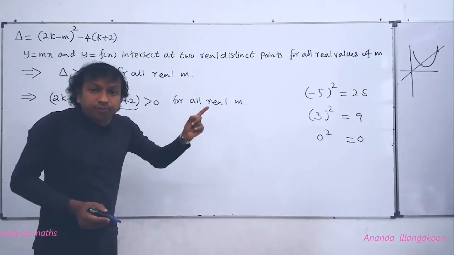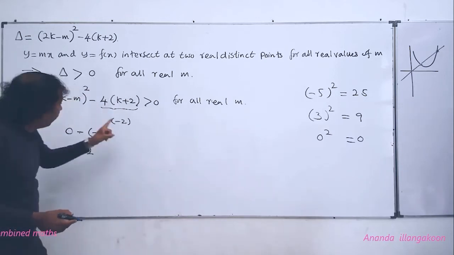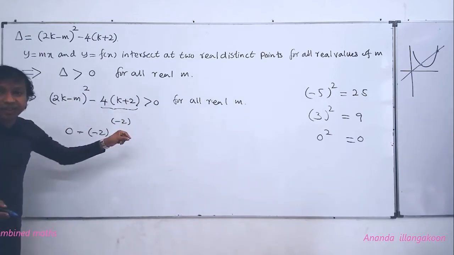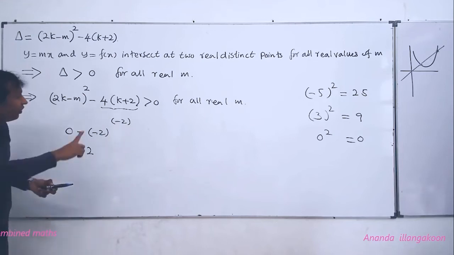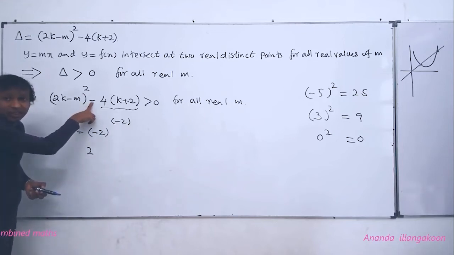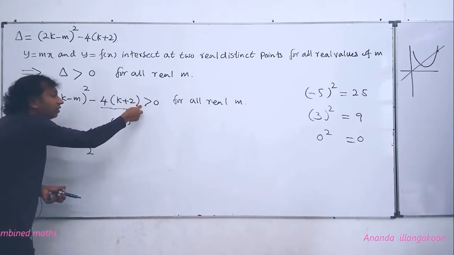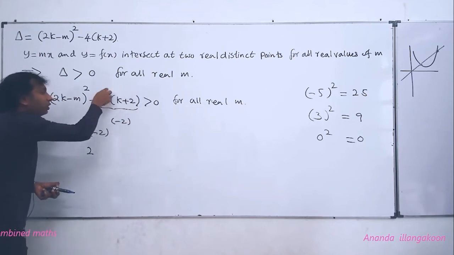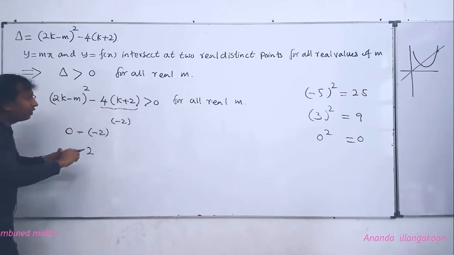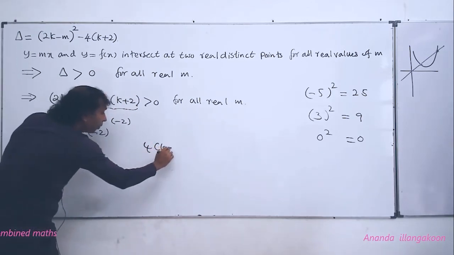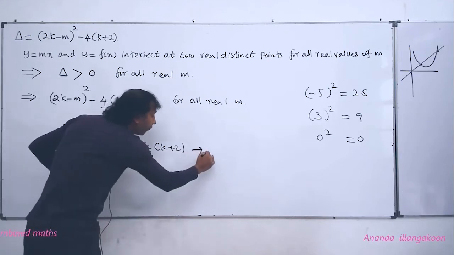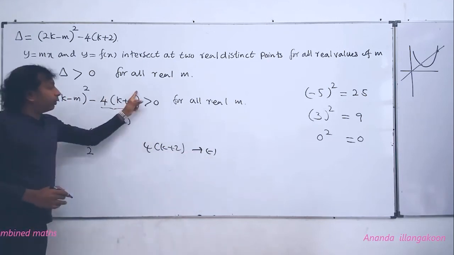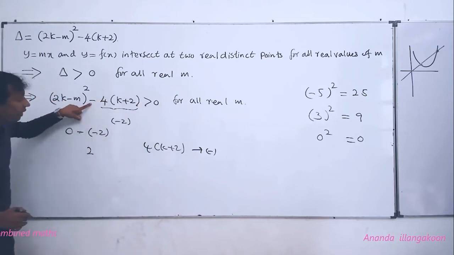Whichever it takes, positive or 0, for the whole left hand side to be positive, since here we have a minus sign, if this whole answer, 4 times k plus 2, is negative, that negative and this negative together give positive.